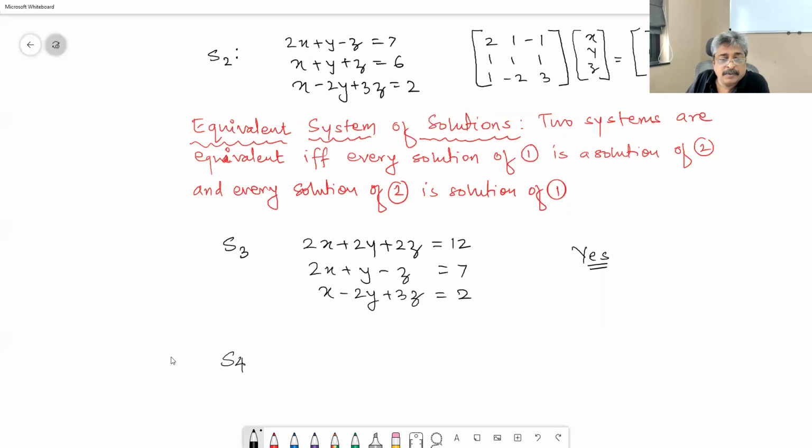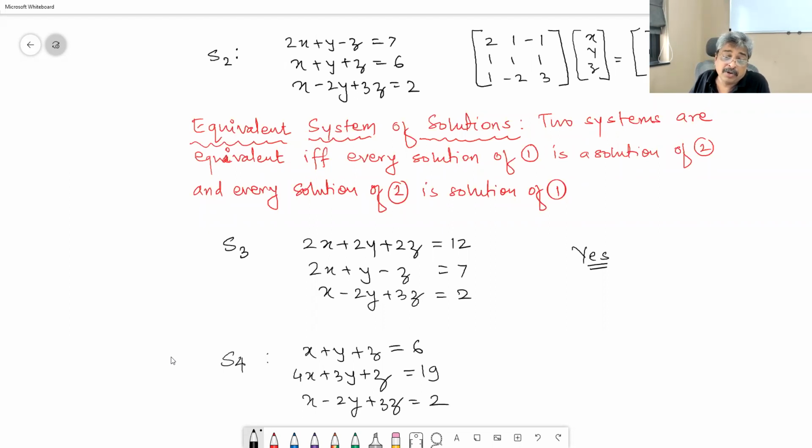S4: I have multiplied equation 1 by 2 and added it to equation 2. So x plus y plus z is equal to 6, I keep my first equation as it is. I write my second equation as 4x plus 3y plus z is equal to 7, and the third, 19x minus 2y plus 3z is equal to 2.